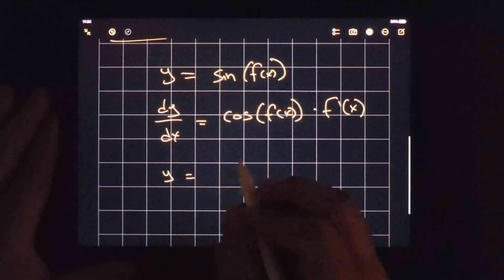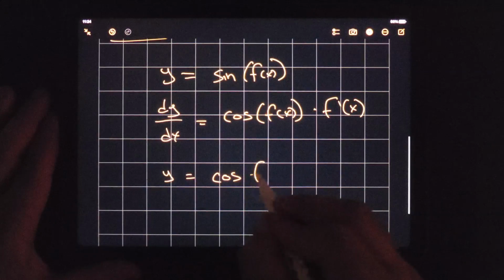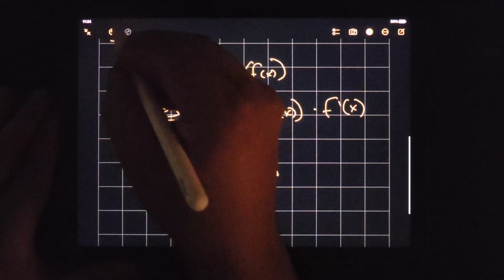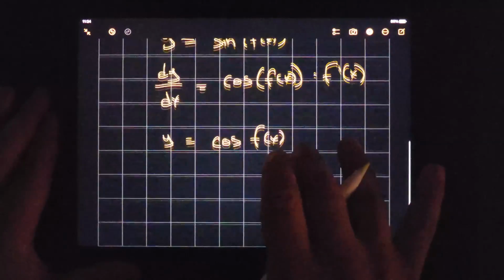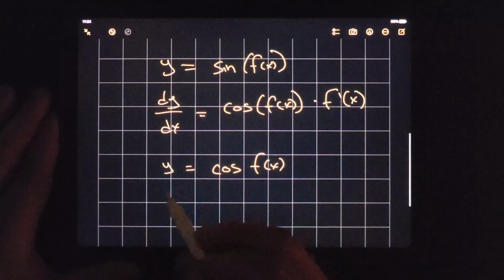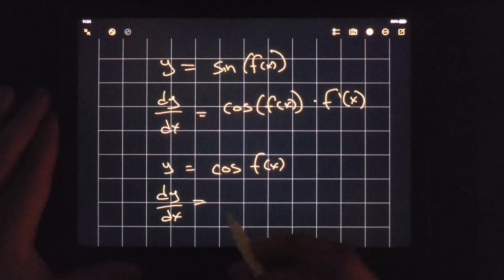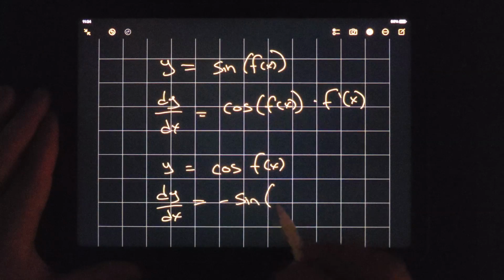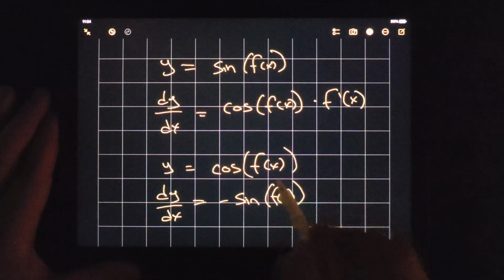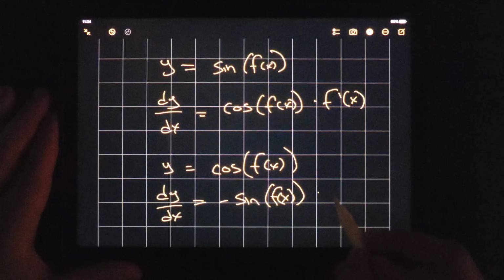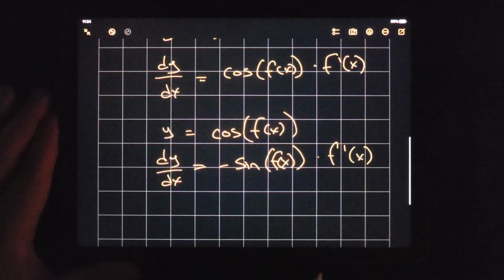Similarly, this again comes straight from the chain rule, where you do your internal function and then your external function. And there you go.